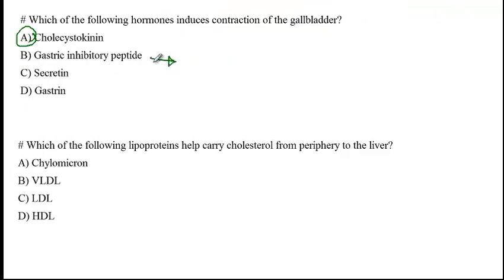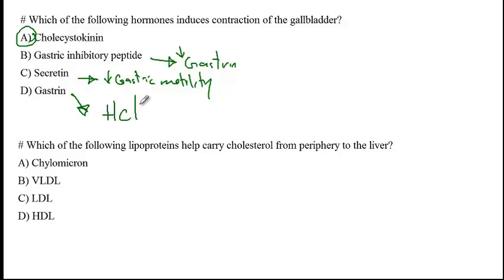And then gastric inhibitory peptide inhibits secretion of gastrin. And then secretin inhibits the gastric motility and decreases release of the content inside the duodenum. And then finally we have gastrin that induces secretion of hydrochloric acid.